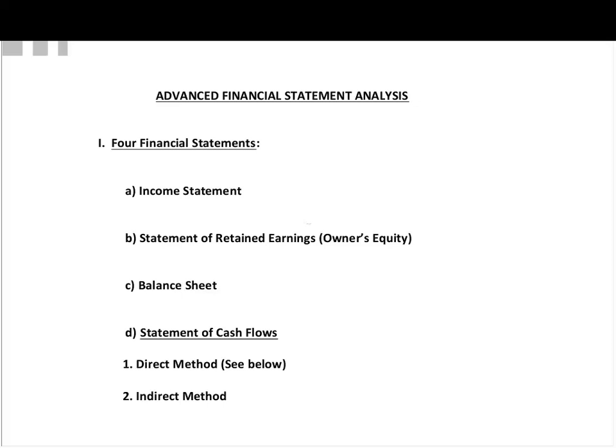Current assets, current liabilities. Now, the example we're going to see on the next slide is from the direct method. For whatever it's worth, we're going to see a cash flow statement later on in the session that's really a modified version of the direct method of the statement of cash flows.